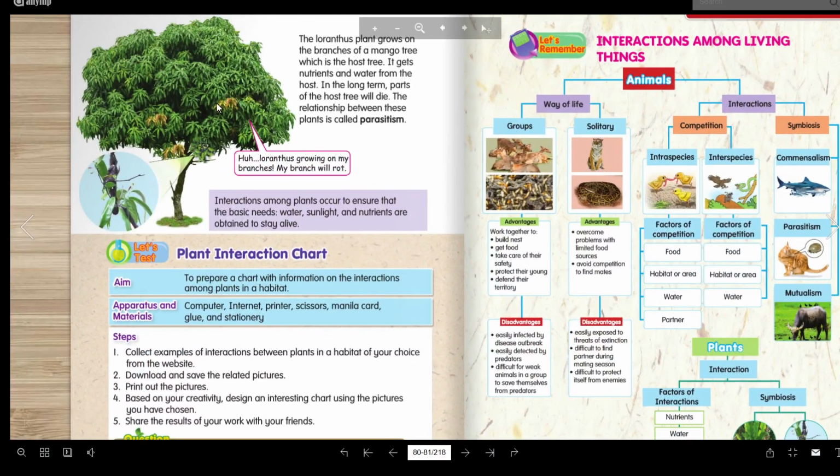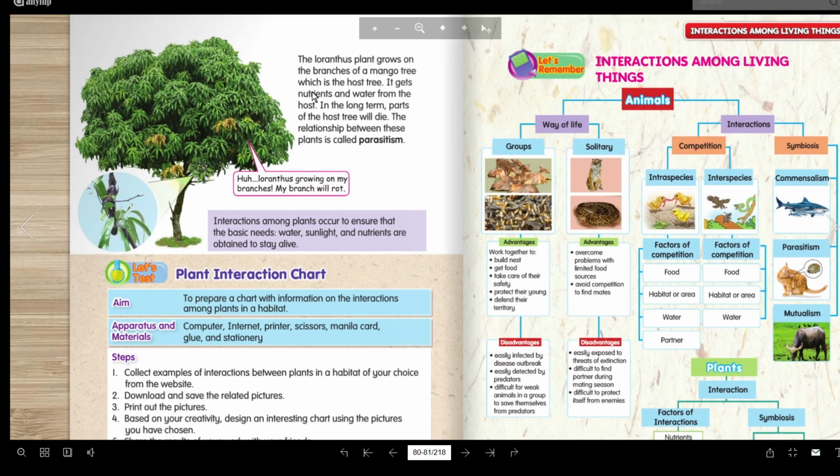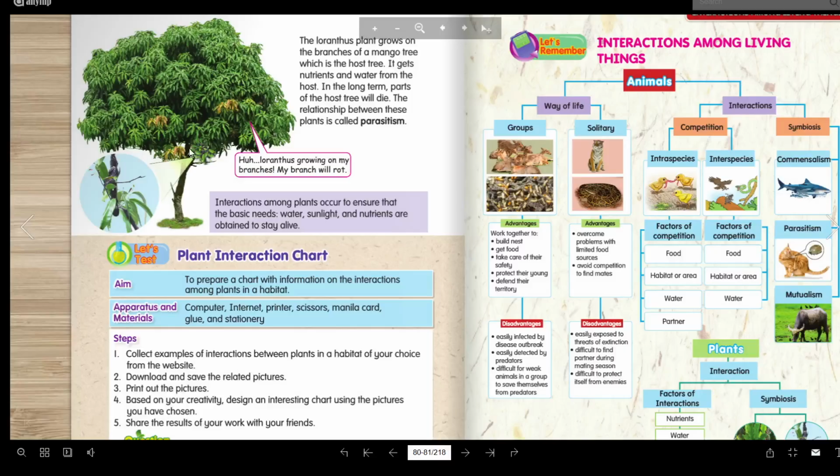Next, here you can see this plant is growing. So this is how a new plant is growing on the branches of a mango tree. So the mango tree is the host tree, and this plant is getting nutrients and water from the mango tree.